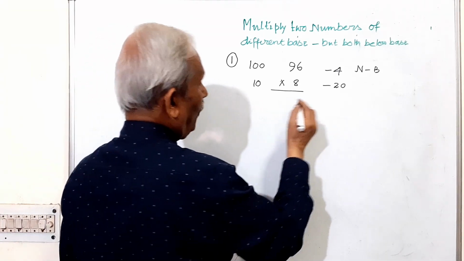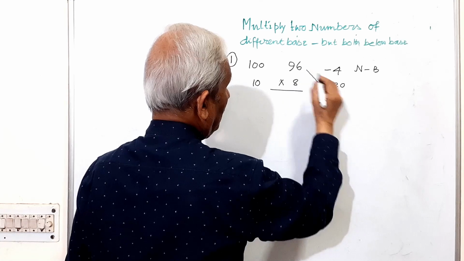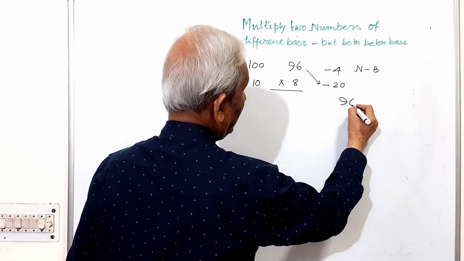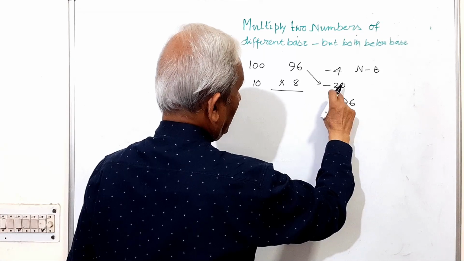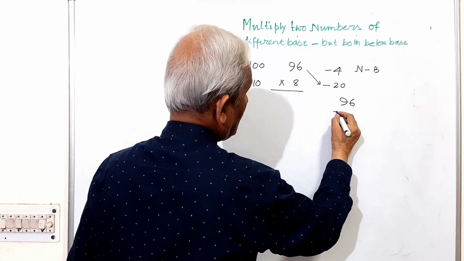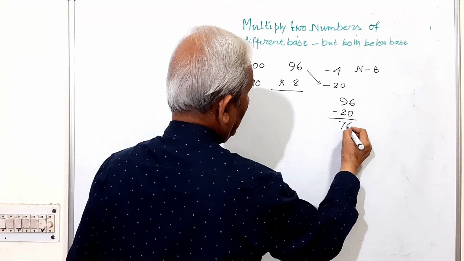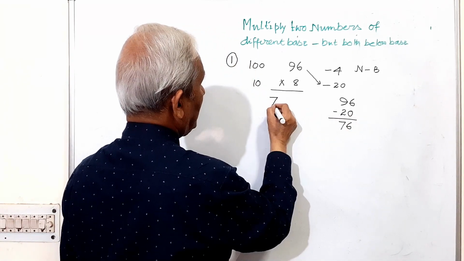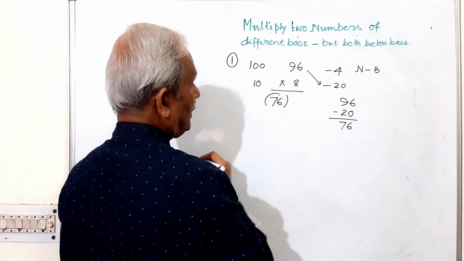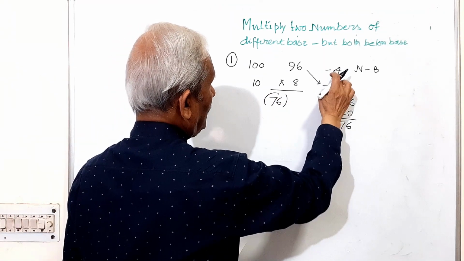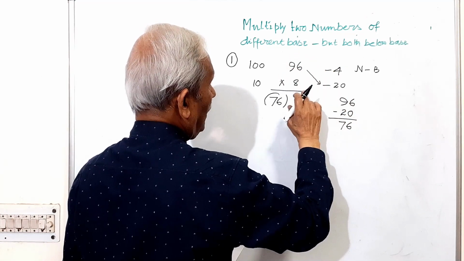Now, what you do is add this to the bigger number 96, addition or subtraction, whatever is there. It is minus 20, so just do minus 20 and the answer is 76. So the first part of the answer is 76, and the second part of the answer is minus 4 into minus 2, which is 8.